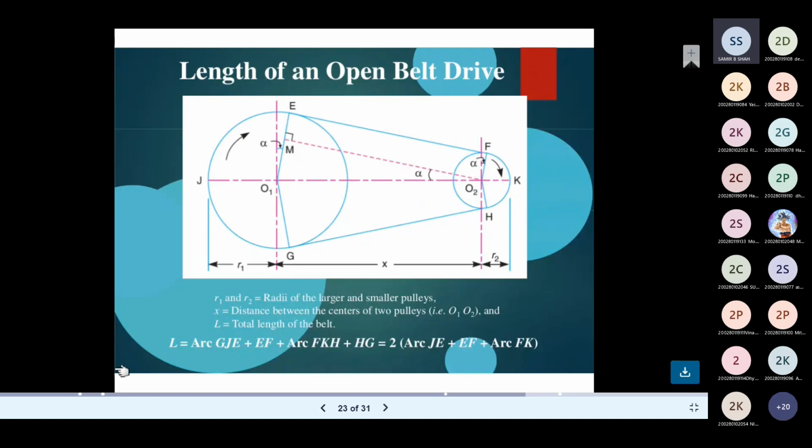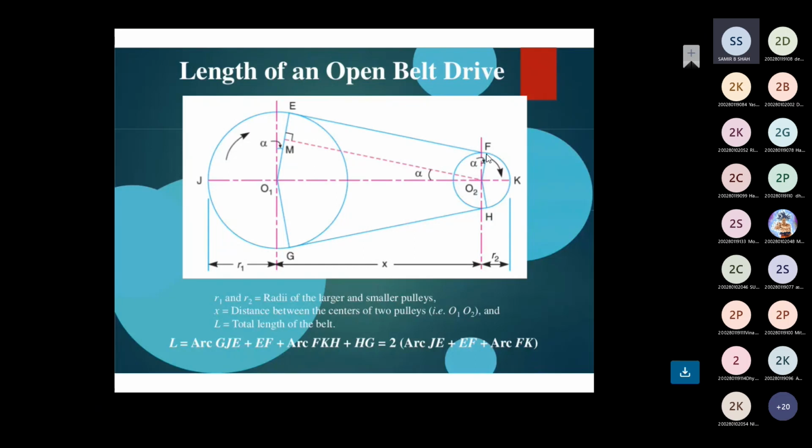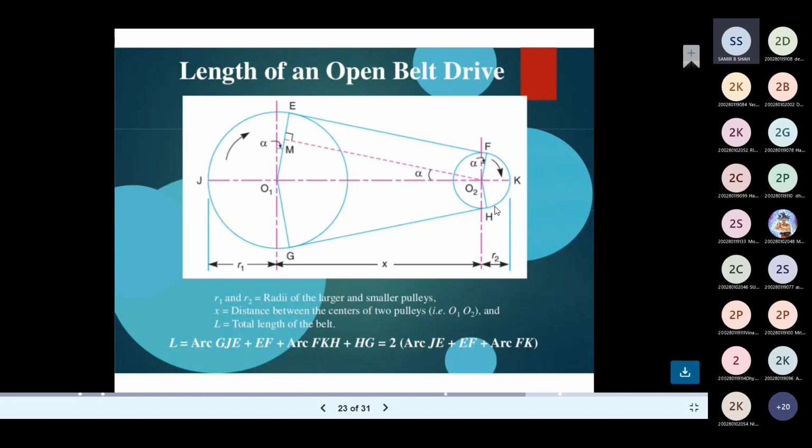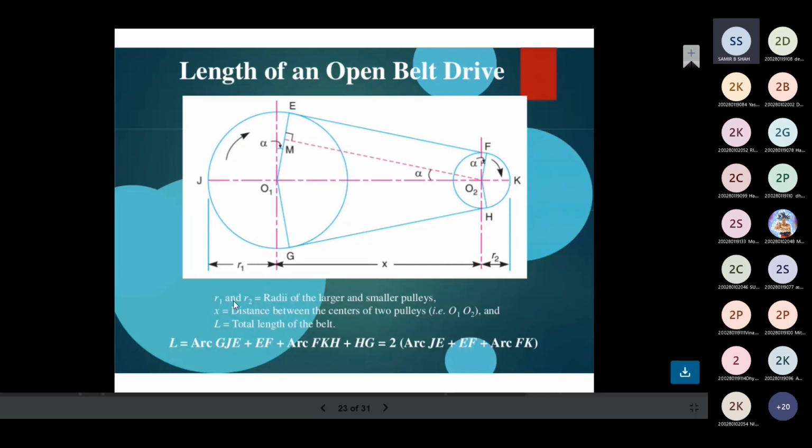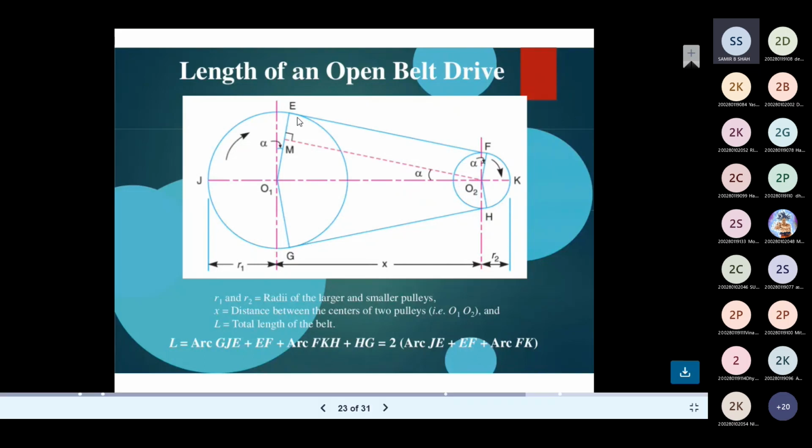You can see here, the length of the belt L is equal to arc GJE plus EF plus arc FKH plus HG, right? It means we have to find the length of this arc, this length, plus this arc and this length.